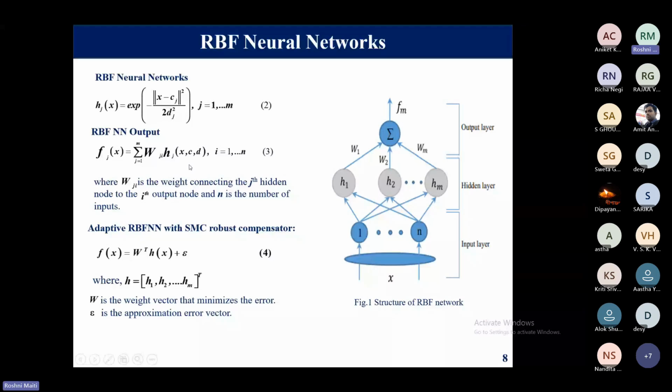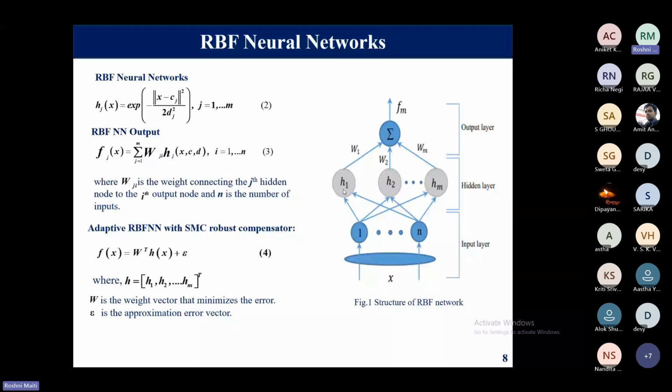Now we can design this using adaptive rules as well. For fuzzy also, we can design theta, whatever value we multiply with the weight, by using those adaptive rules, and those adaptive rules are formulated from the Lyapunov stability criteria.